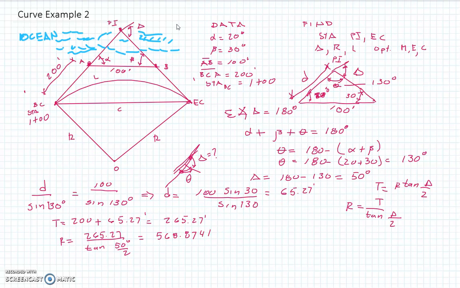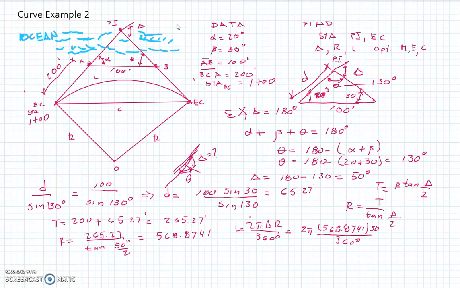Now I can find my length. My length will be equal to 2 pi times the radius times delta, all divided by 360. This is equal to 2 pi, the radius we just found, 568.8741, times delta, which is 50, and all of this divided by 360 degrees.